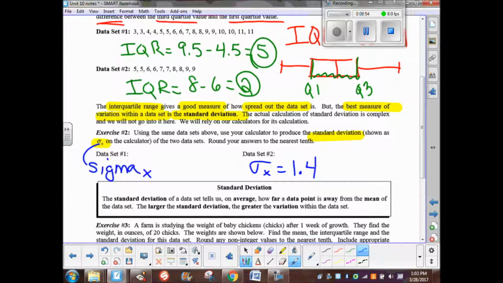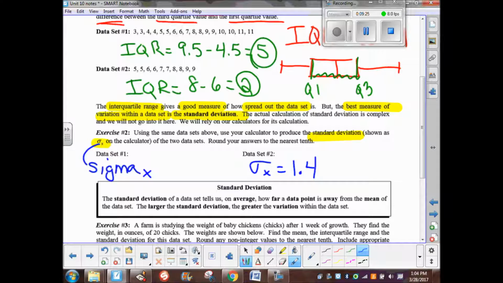We're going to see exactly what that means, but again, it's telling us about the variation within the data. So let's make a prediction. IQR was 2. IQR was 5 for data set 1. We said there was more variation in data set 2. We now just came up with the gold version of variation, 1.4.